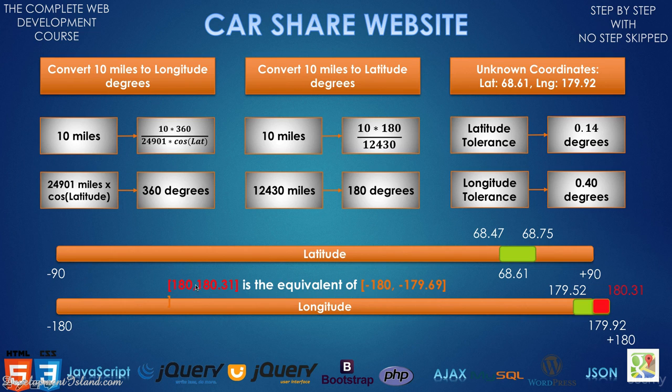Well, if you do 180 minus 360, then you still get the same longitude, because you have just traveled through one whole circle, or one whole parallel. If you do the same thing there, 180.31 minus 360, you will still get the same longitude.